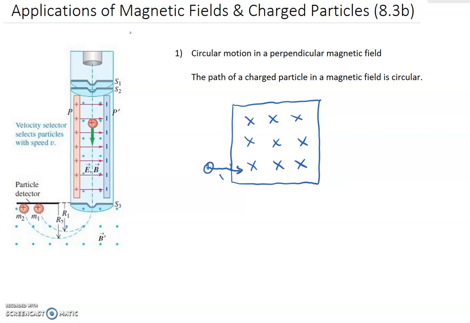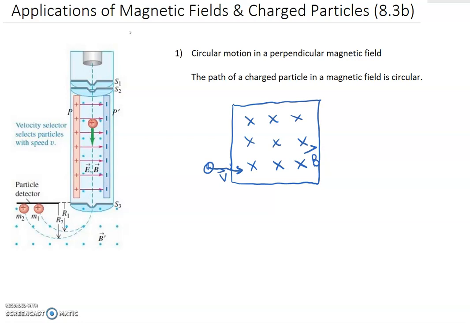And so we know that if the speed and the magnetic field are perpendicular to one another, then the force is perpendicular to those. Based on right-hand rule number one, our thumb is in the direction of the charged particle's velocity, our fingers in the direction of the magnetic field, and our palm points in the direction of the force.